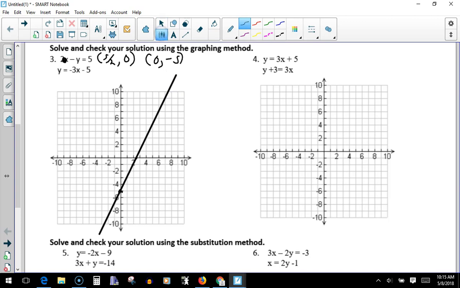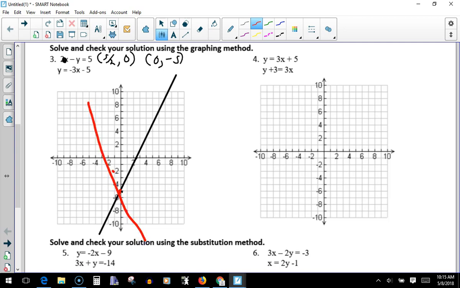Now, on the second one, it's in slope-intercept form already, so negative 5, this is easy. Negative 5 is right here, and I have a slope of negative 3 over 1. So that means down 3, 1, 2, 3, right 1, or up 3, left 1. Now, this one is easy to know where it intersects.